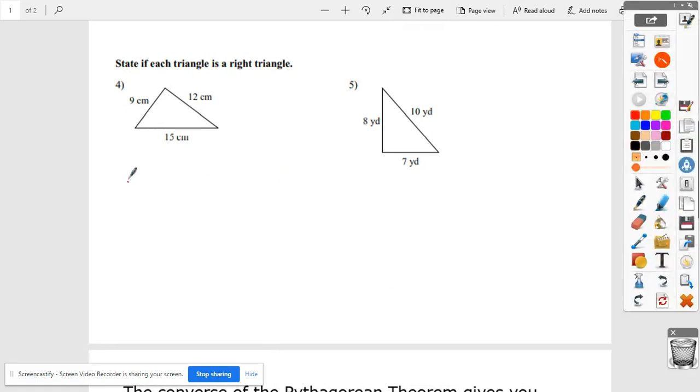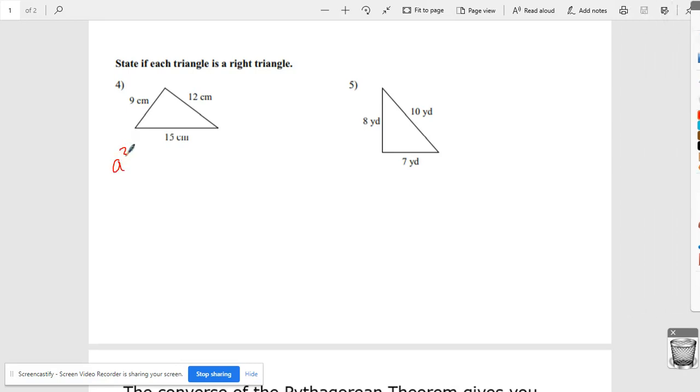Well, let's do a little thinking here. If it is a right triangle, we know a squared plus b squared equals c squared. So we know that that has to be true if it's a right angle. Our longest length has to be c, because the hypotenuse is always going to be the longest length.